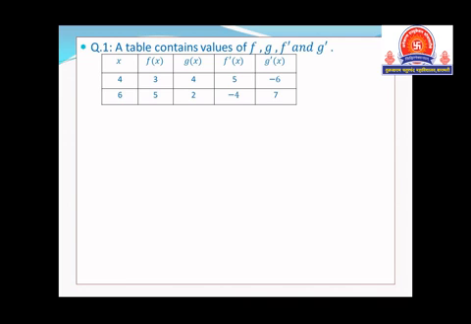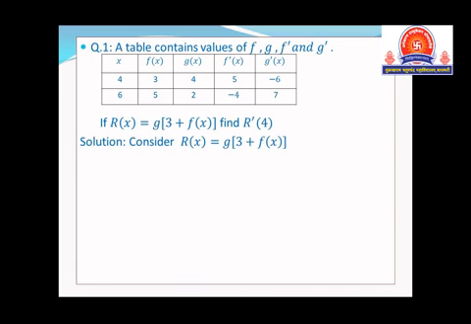So see the example again on composite function. A table contains values of f, g, f dash and g dash. Using these values, the given function r of x is equal to g of 3 plus f of x. We have to find out the value of r dash of 4. So how to find?